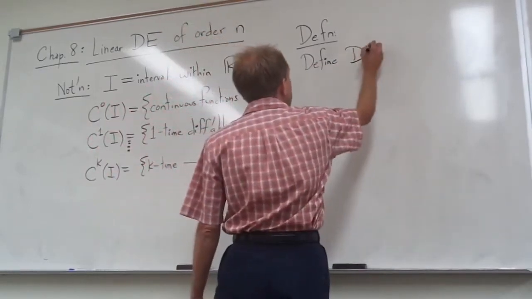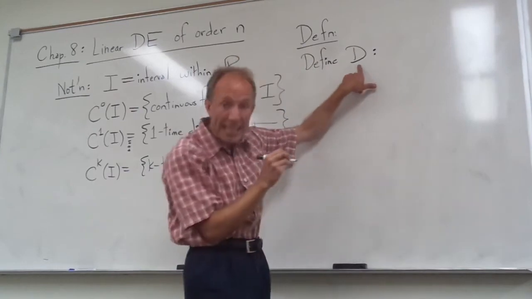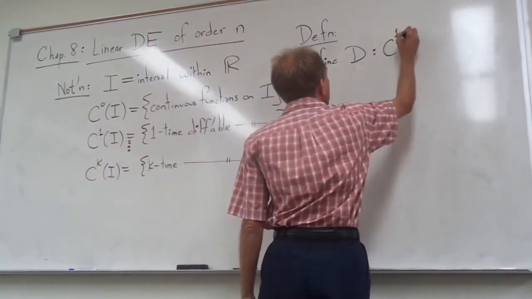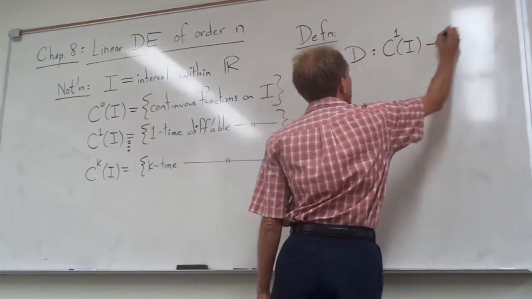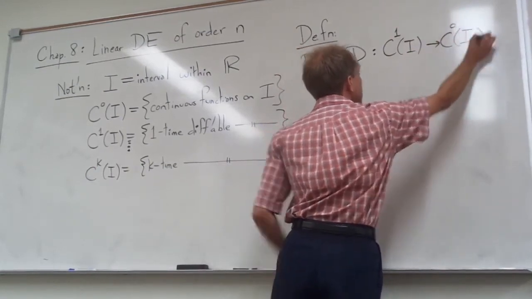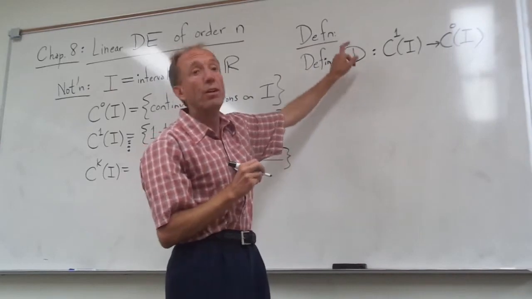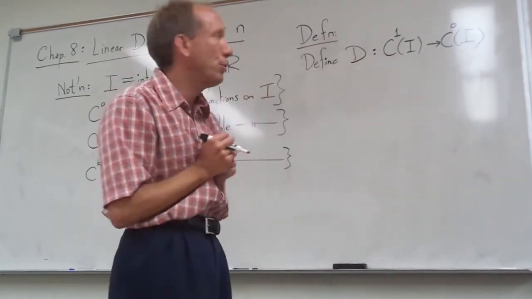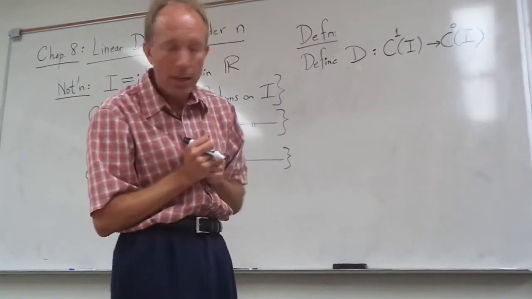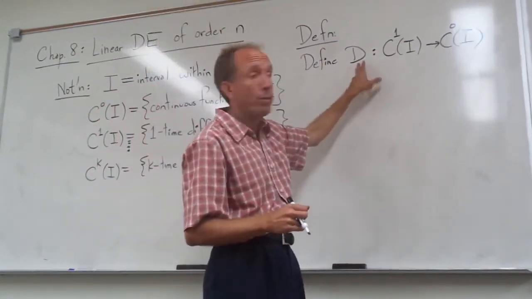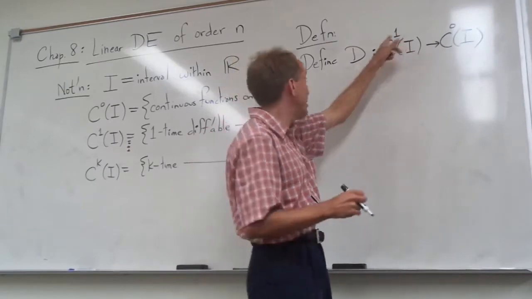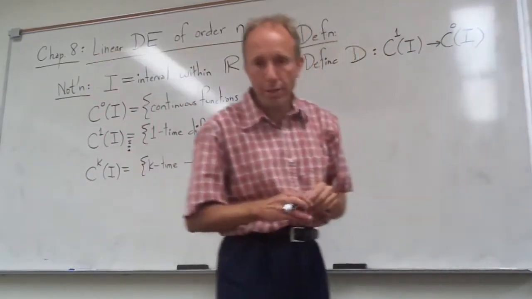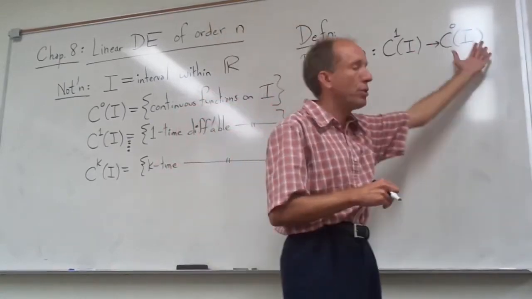So I'm going to define D. Normally we would call this T. But because we're going to be taking derivatives so often, we're going to switch the notation now, and I'm going to use a capital D for the derivative operation, or the derivative transformation, if you want to think of it that way. So if we're going to take a derivative, we have to have a function that we can at least take one derivative of.